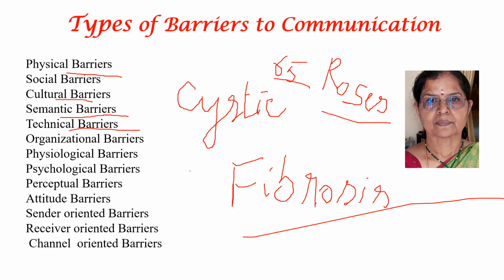And organizational barriers refer to the rules and the policies of any organization. The hierarchical structures may also contribute to misinterpretations. Hierarchical structure refers to the superiors, the boss, and the subordinates, employees. So there are always barriers.